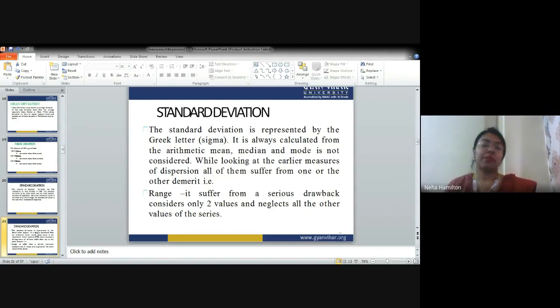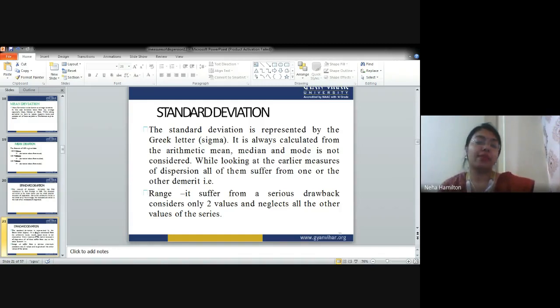Now we have to remember that it is denoted by the term sigma, and it is always calculated from the arithmetic mean; median and mode are not considered here. We are only concerned about the mean, right?